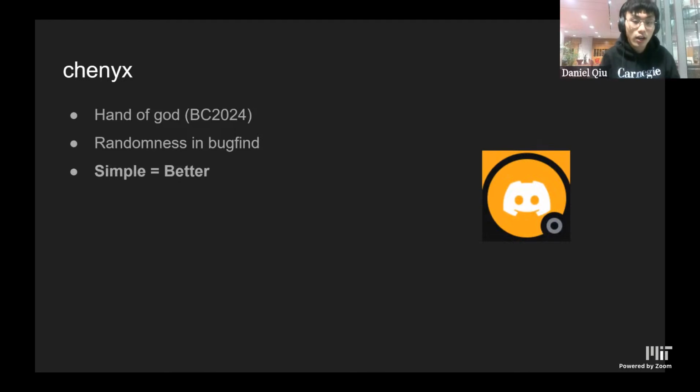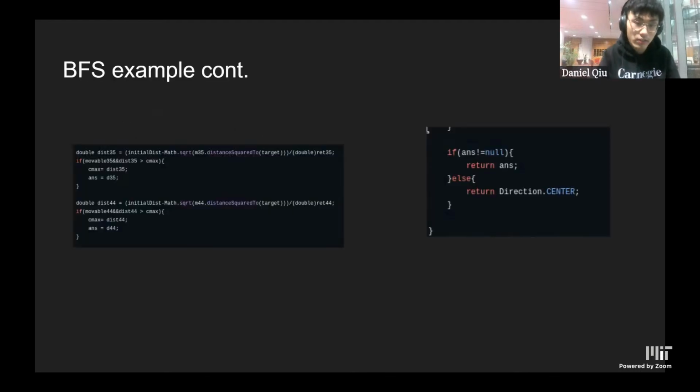we consider each of the squares, and then we consider how fast you approach your target by doing the initial distance minus the square root of each of the map locations and divided by how much it costs to reach that location.